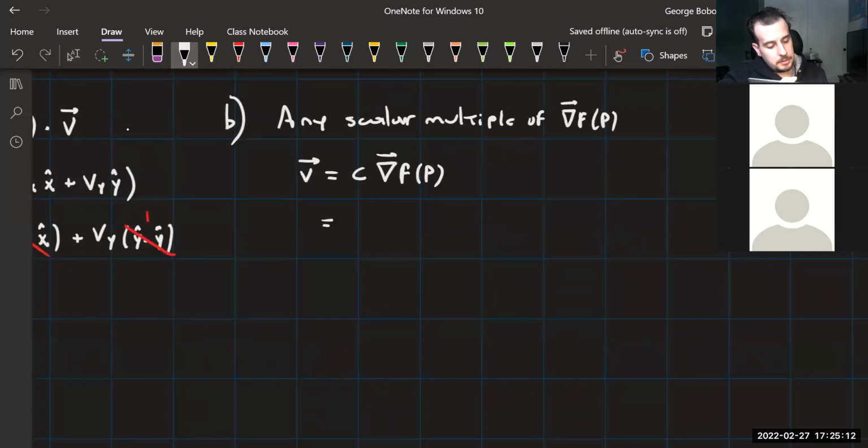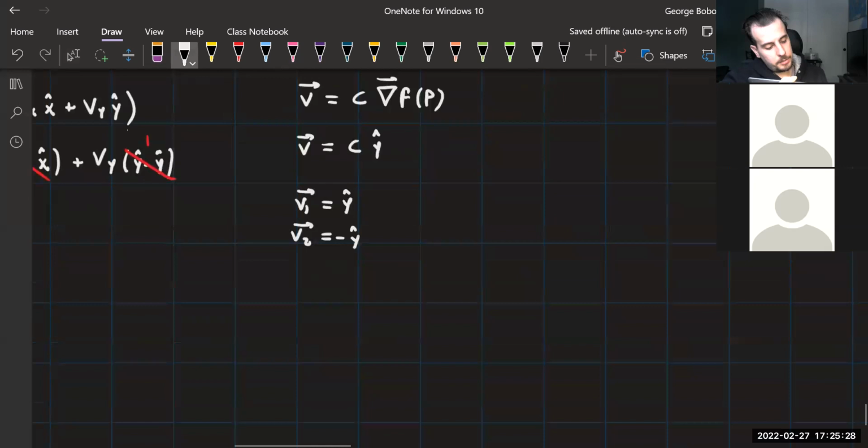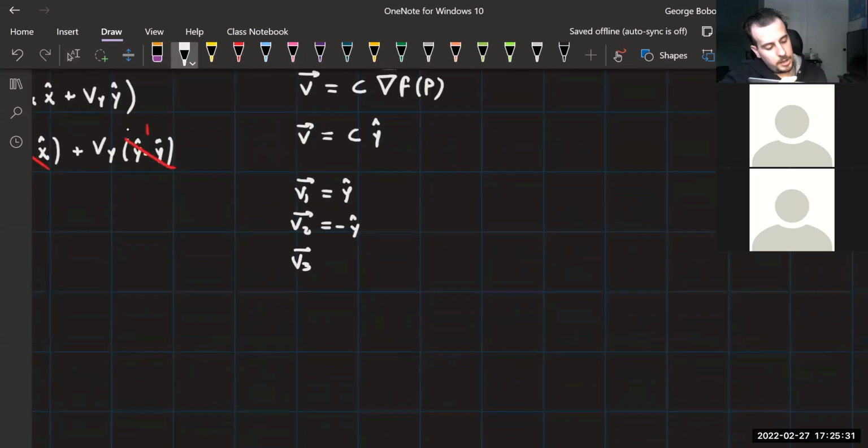Since we found that the gradient at point P is just y hat, it's any vector in the y hat direction. You could give y hat, you could give negative y hat. All of these are valid options. You could give 5 y hat, and you'd still be growing at the maximum rate of change.